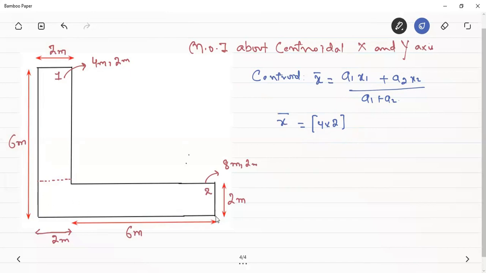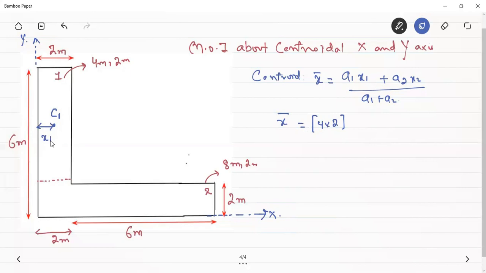Before finding the centroid, I must again define the reference axes. This is the reference x-axis and this is the reference y-axis. This is the first rectangle, and it will have its own centroid, C1.